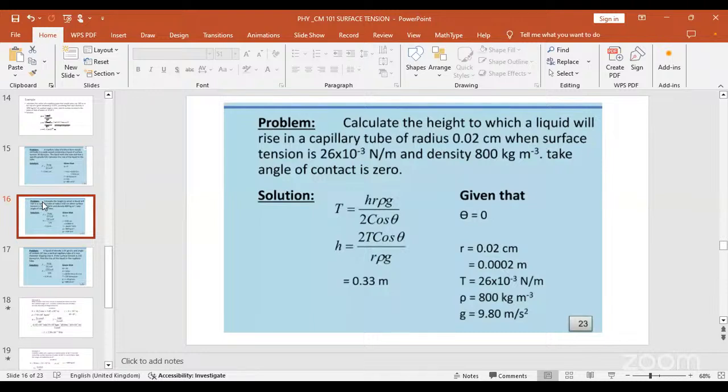I think there's no need starting with the first equation. Just use this equation for the height we are calculating, insert everything we are given, and then you come to 0.33 meters. It's very straightforward to see.